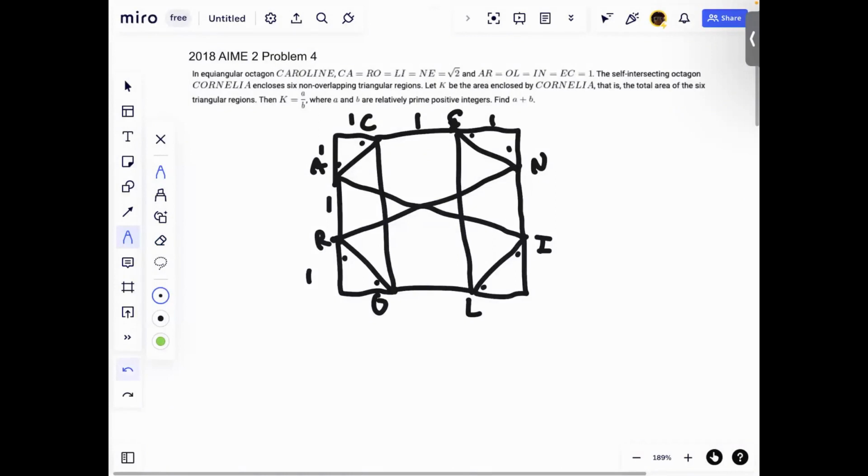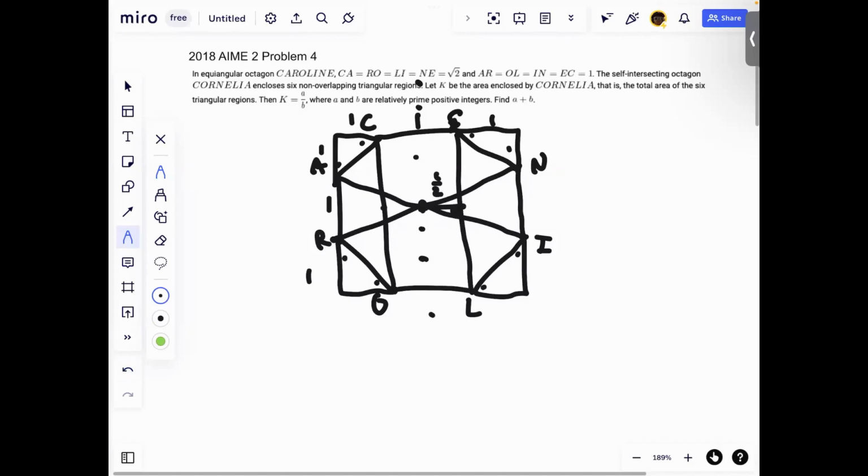In order to find the area of these 6 triangular regions, we need to use similar triangles. Since it's symmetric across the midline, the point here has to be equidistant from these 2 lines, so the height here is half.